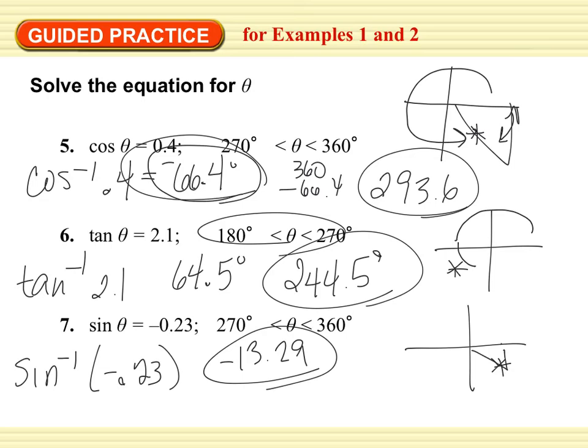That would be straight down, but I can also go this direction. So if I do 360 minus that, I'm at 346.7 degrees.